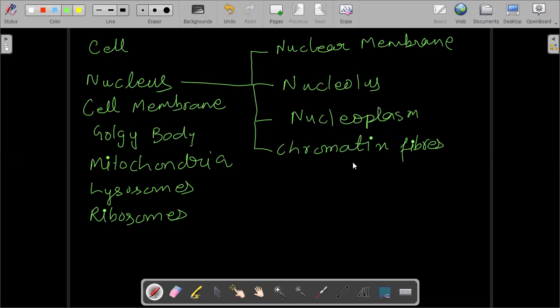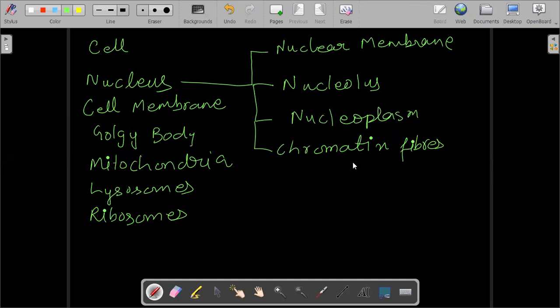It is the site where chromatin fibers get converted into chromosomes. Also, the breaking apart of the DNA into RNA, that is the formation of messenger RNA and transfer RNA, is done in the nucleoplasm. Nucleolus is a dense matter present inside the nucleus. So these are the four components of the nucleus, right?